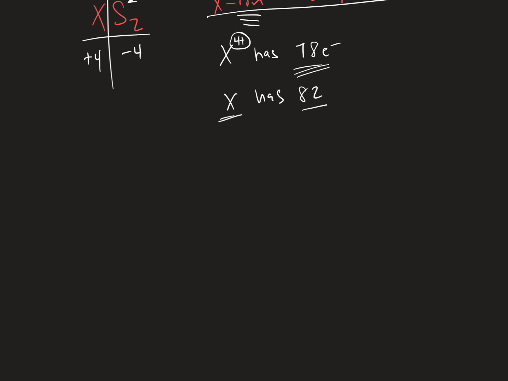Okay, let's do. And the X ion has 23 electrons. What is X?